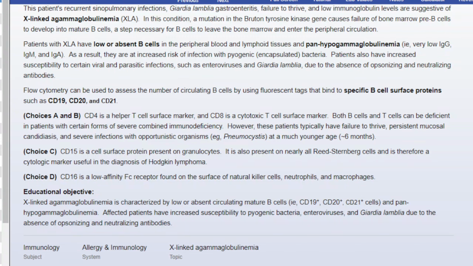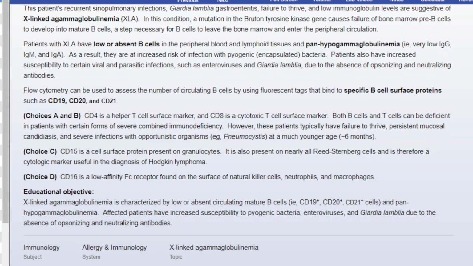In this condition, a mutation in the Bruton tyrosine kinase gene causes failure of the bone marrow to develop pre-B cells into mature B cells, a step necessary for B cells to leave the bone marrow and enter the peripheral circulation.